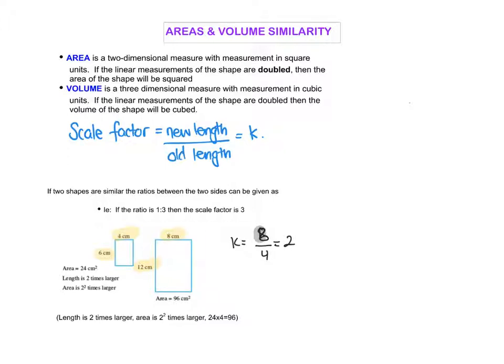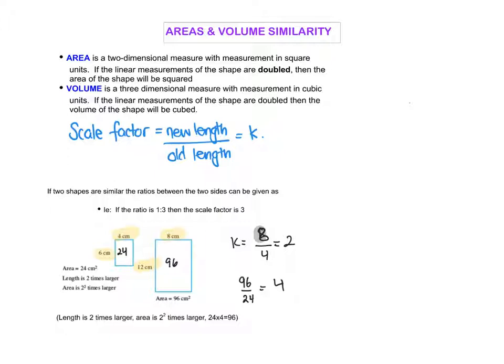Now, if you looked at the area of these rectangles, remember area is length times width. The area of that rectangle would be 6 times 4, which is 24. And then 12 times 8 gives me 96. If I compare, 96 divided by 24, I actually get 4, okay?